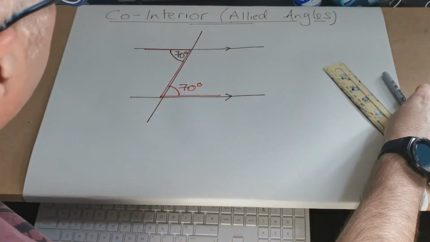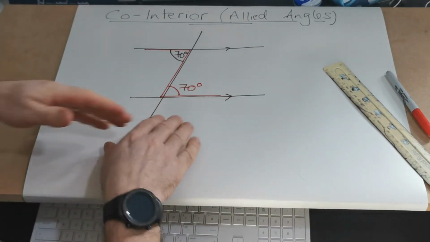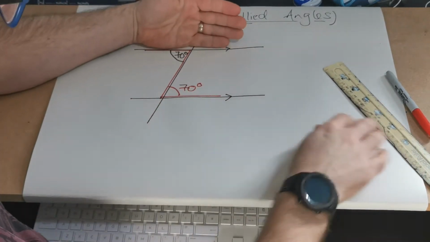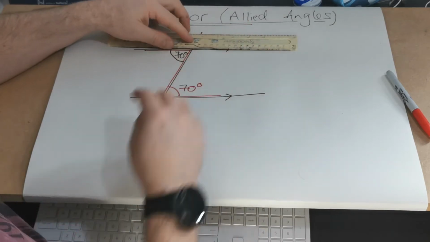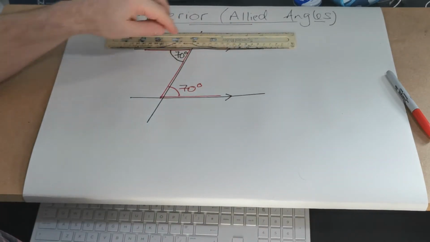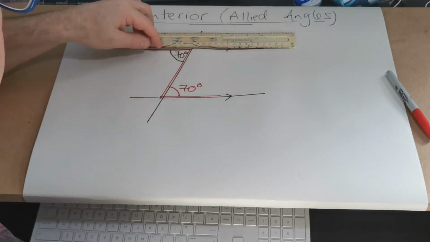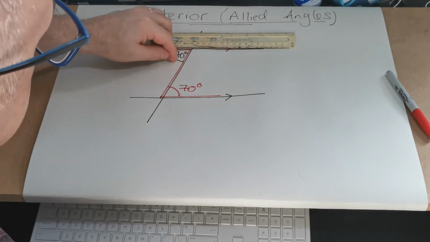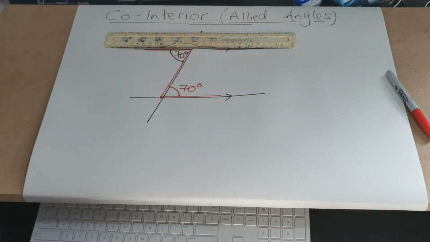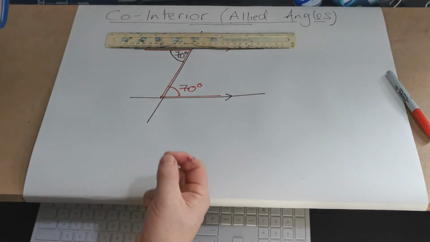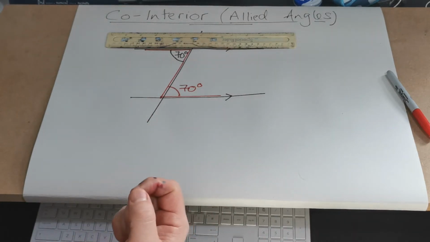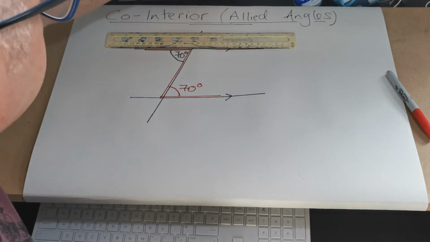Now, when I look up to the top here, I can see that if I just cover that over with my ruler, I've got this lovely straight line here and my 70 degrees here. Now, one thing we learnt about angles on a straight line is that they were supplementary, which means they add up to 180 degrees.